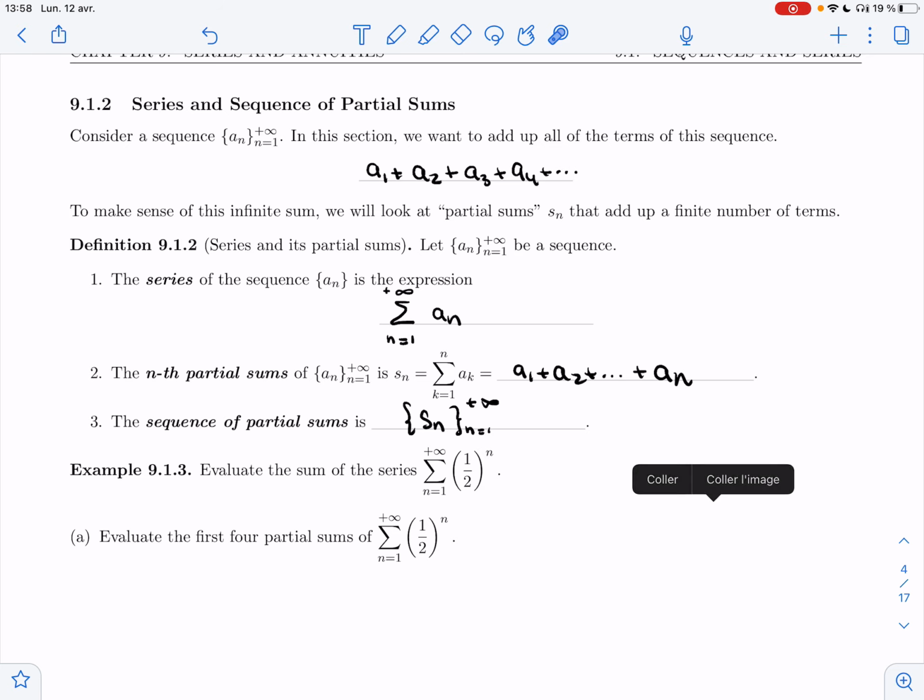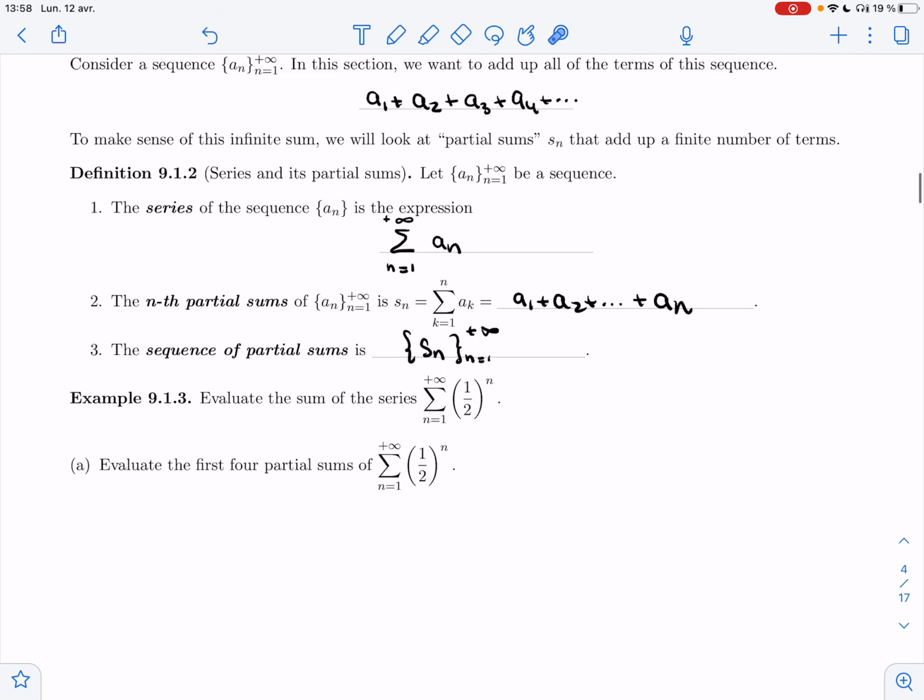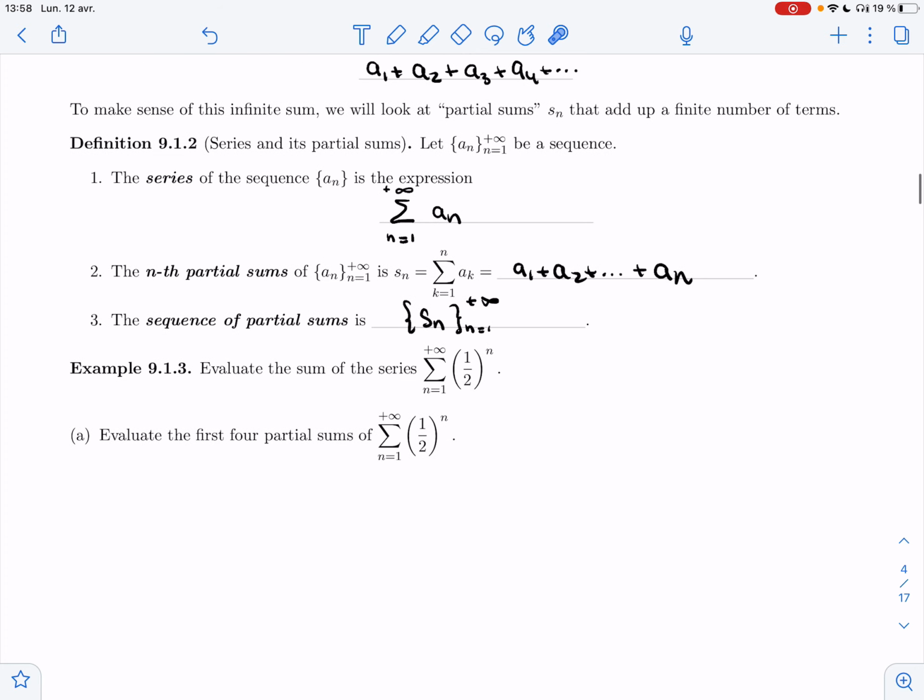Let me show you that in an example just to make sure everybody's on board before we start talking about limits. So let's say I want to evaluate the sum of this series: the sum from n equals 1 to infinity of 1/2 to the n. I want to evaluate the first 4 partial sums of this. All right, so S1, we add up the first term.